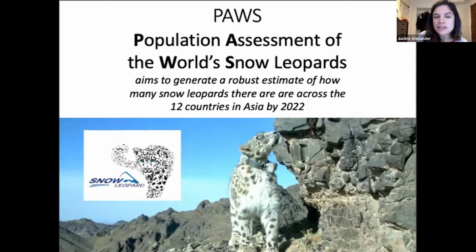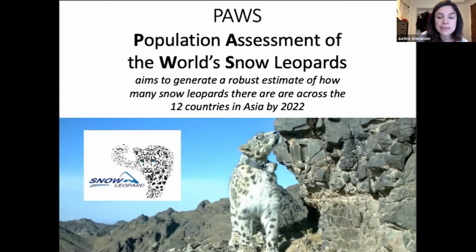So PAUSE, in other words, is Population Assessment of the World's Snow Leopards. You'll see in bold the letters that make up the acronym of this program. Its main objective is to generate a truly robust estimate of how many snow leopards there are across the 12 countries in Asia, which is an area around 1 to 2 million square kilometers.